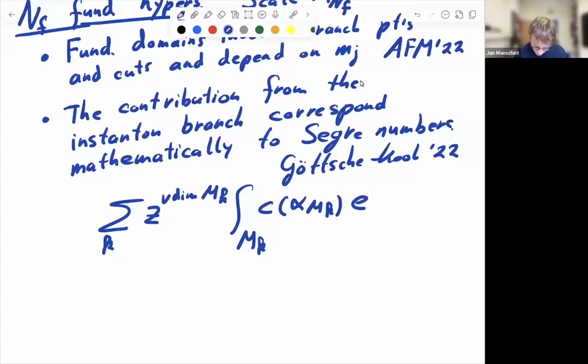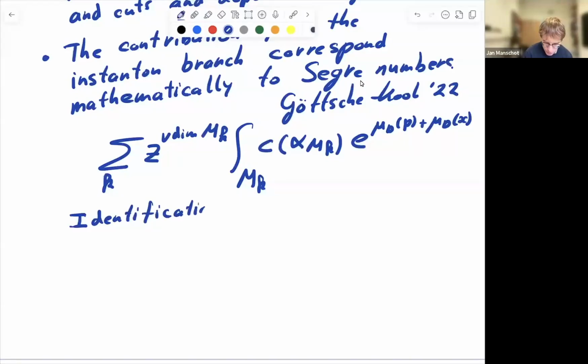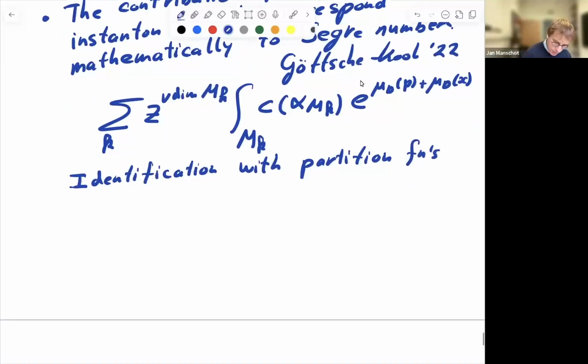And they can also insert observables associated to points and surfaces, cycles on X. We can identify them with partition functions in physics.